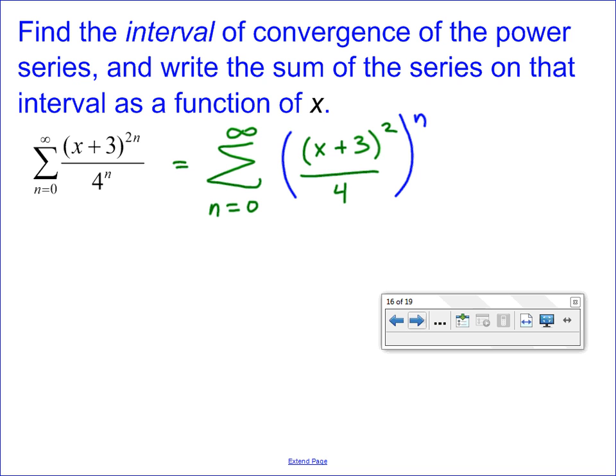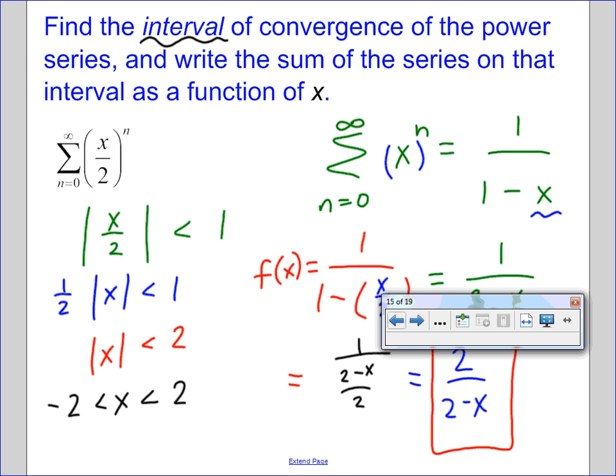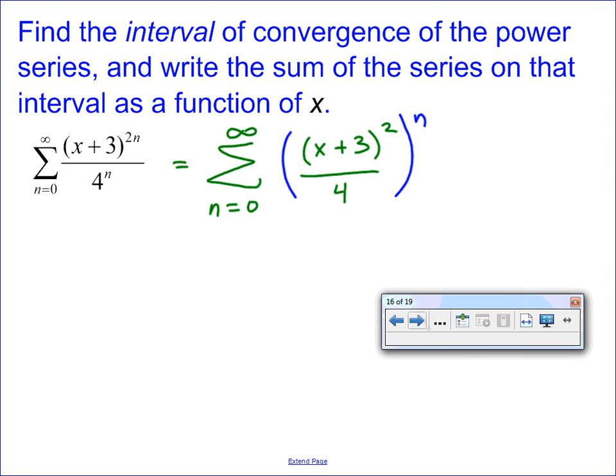Well, x plus 3 squared to the n would be x plus 3 to the 2n, and 4 to the n would be 4 to the n. So this is a geometric series, a power series, with base r equal to x plus 3 squared over 4. Everybody see that? Further simplified, I could even write it as x plus 3 over 2 squared. Do you guys see that? Now I don't know if that's going to help us or hurt us.